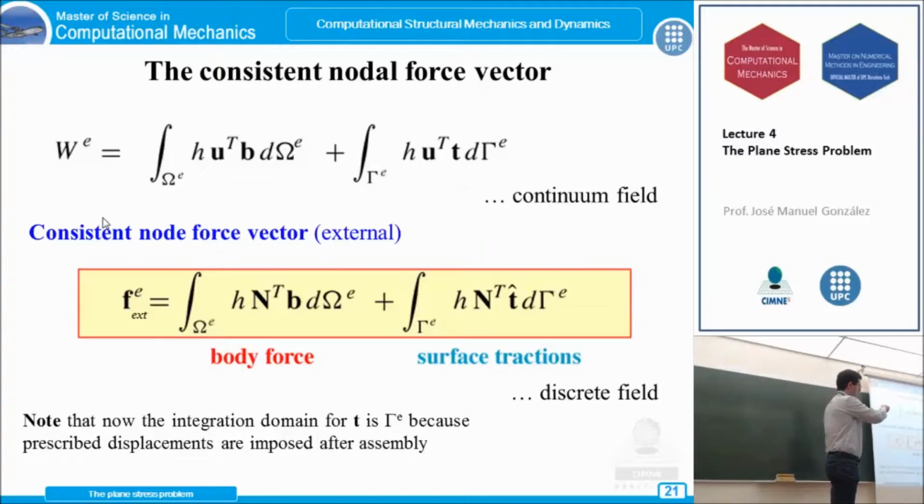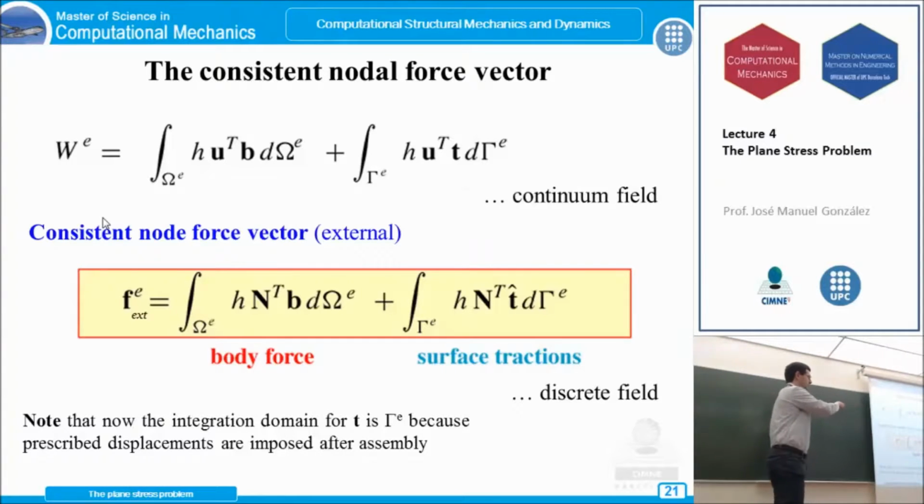These displacements are expressed as the shape function matrix times the nodal values. So when we calculate this integral, these nodal values come out of the integral, and what we get on the right side is the consistent nodal force vector, which comes from the external work, which includes the body forces and the surface tractions. This is the one in the discrete field.